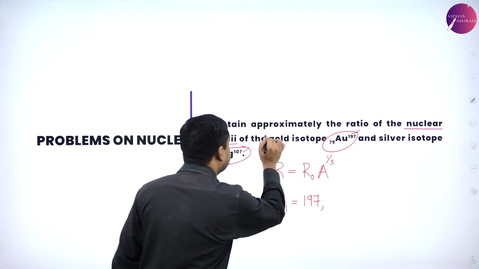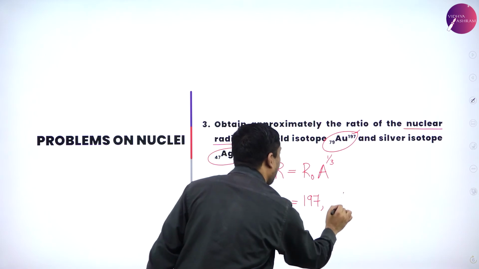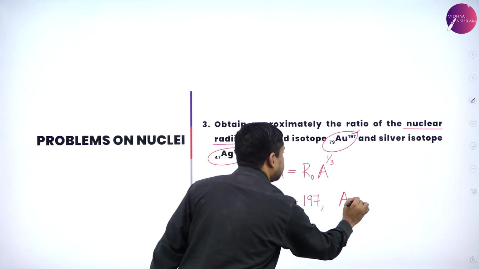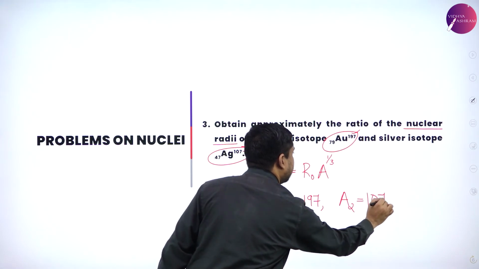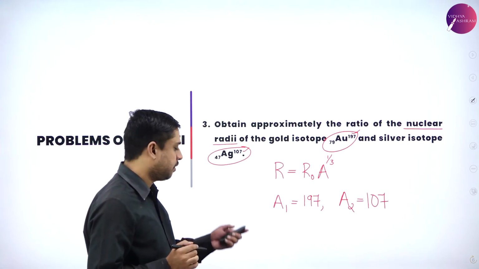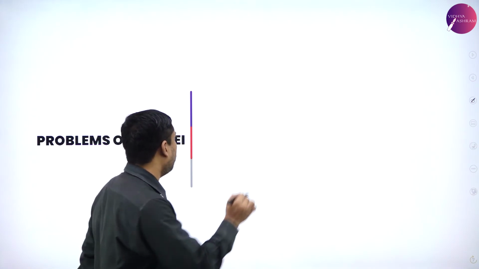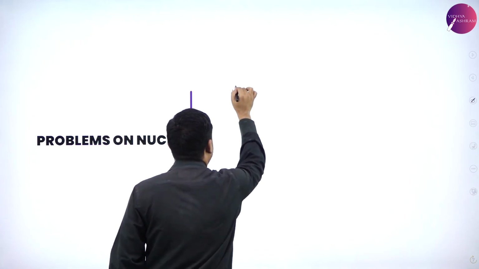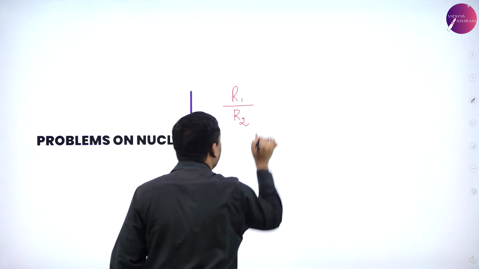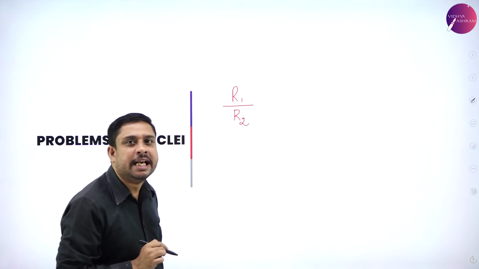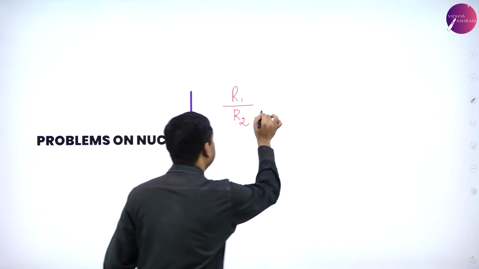Mass of the gold isotope, 197, silver isotope, 107. Now, I want R1 by R2, ratio of the nuclear radii.